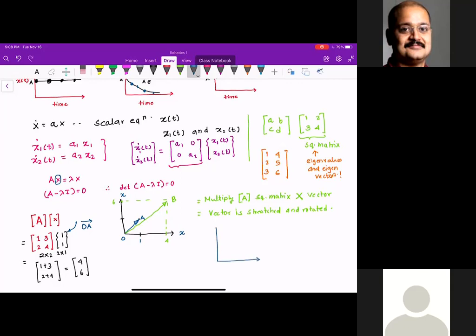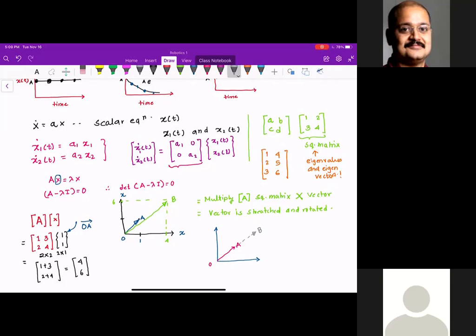So for example, initially you had vector OA, and I multiply it with that matrix, but after multiplication, I have a scaled version of vector OA. That scaling is nothing but the eigenvalue, and that vector is called the eigenvector.